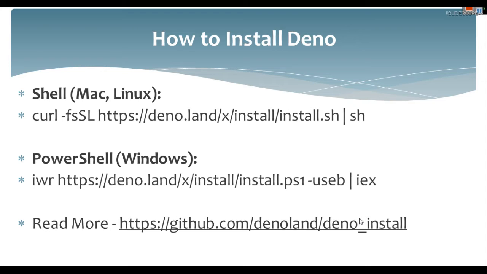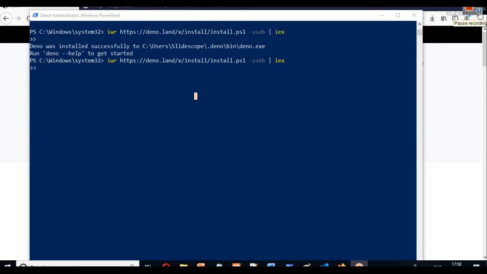Let's see some installation-related instructions. I will show you how you can do this. This is my Windows PowerShell. I am using the Windows operating system, and you can see I simply pasted this URL here, and after some time I got this message: Deno was installed successfully to this particular directory.